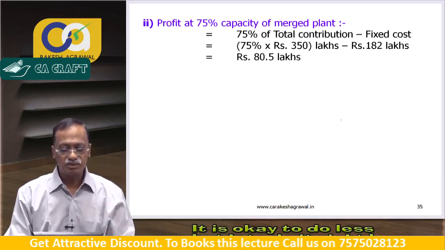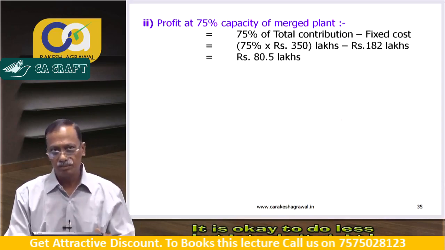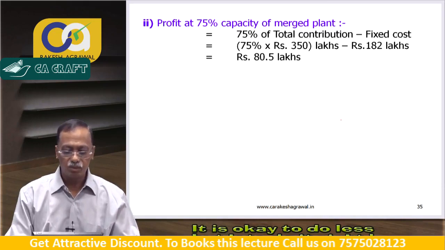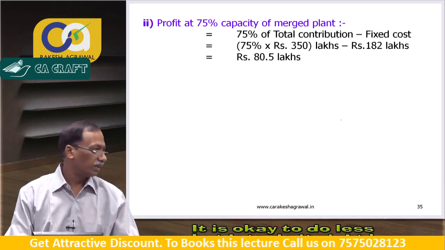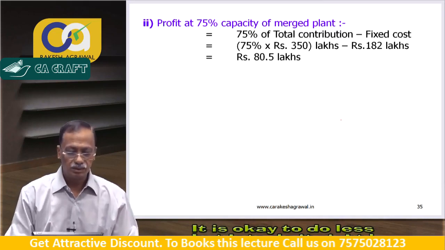So 75% of 350 minus 182 directly on the calculator, you will get rupees 80.5 lakhs. 80.5 lakhs is your profit.